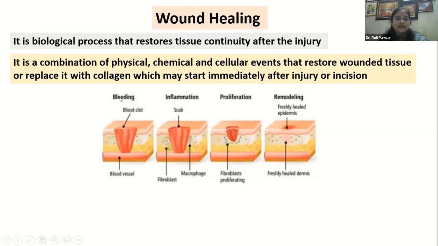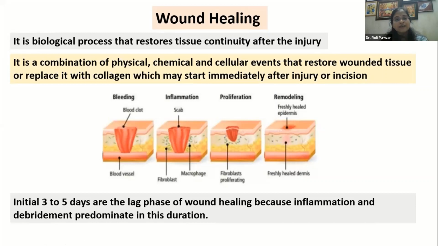Initially, when there is a cut, there is bleeding, and an initial blood clot forms. Then there is inflammation. Then there is proliferation and remodeling. When proliferation takes place, fibroblasts present in the skin form on the surface of the wound and close it, and finally we have fresh healed epidermis.